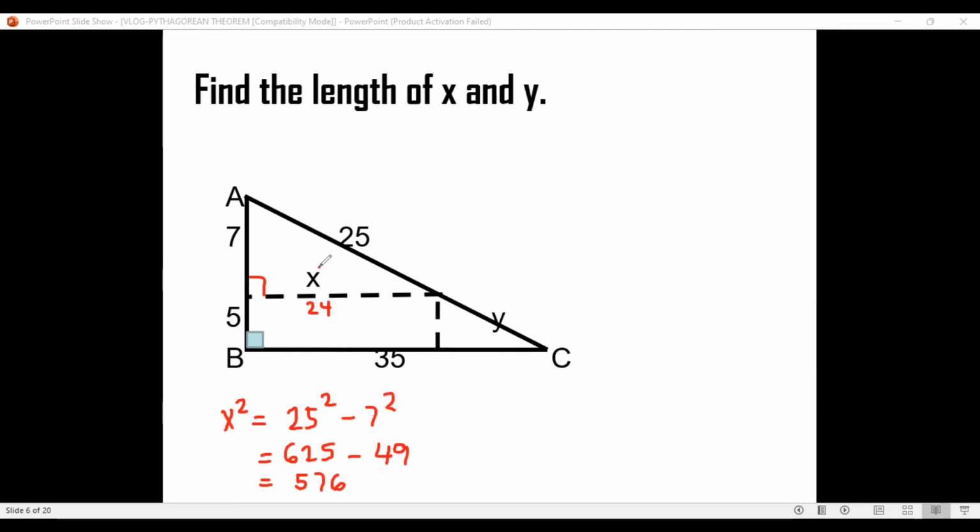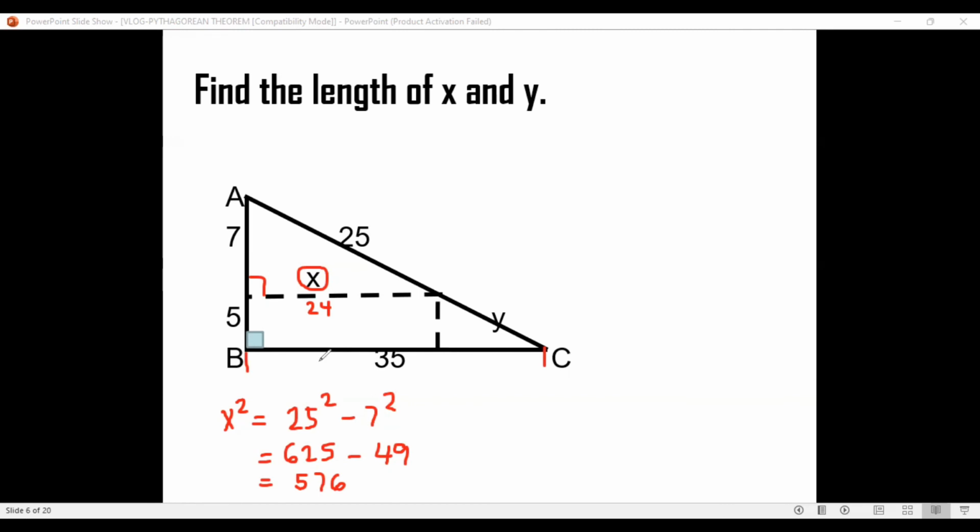So it is advisable that we memorize those Pythagorean triples for us to solve some problems easily. Now, why do we need to figure this out? Because the sum that we are given from point B to C is 35.